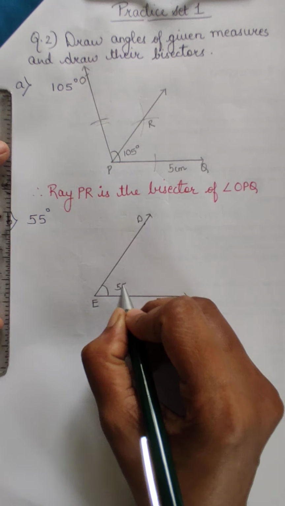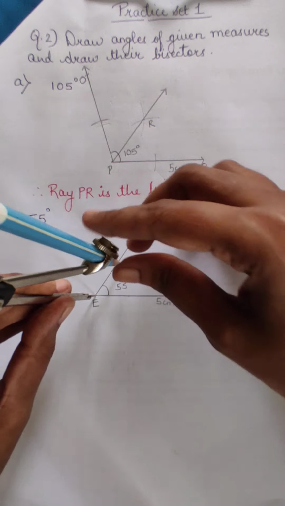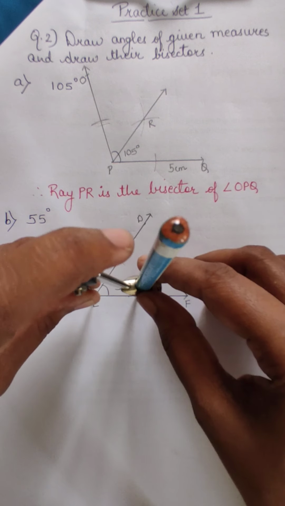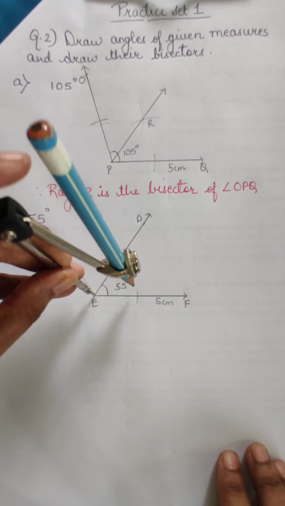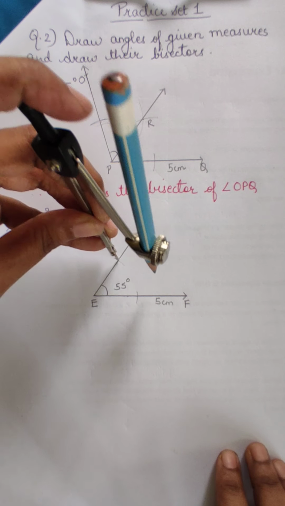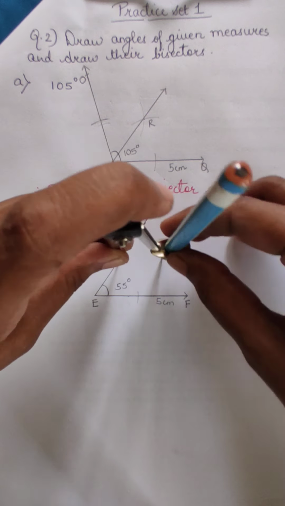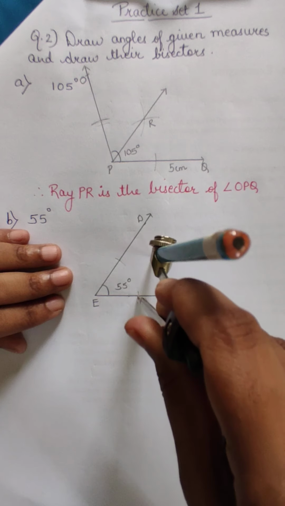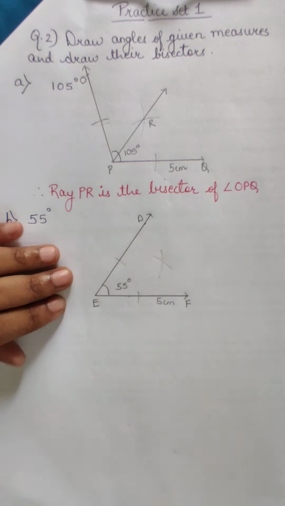Now take a compass. Again take an appropriate distance. First make an arc on the ray DE. Same, make an arc on ray EF. Same distance, keep it on the first arc. Make an arc inwards. Then from the second arc, make one more arc. Now you get this point.